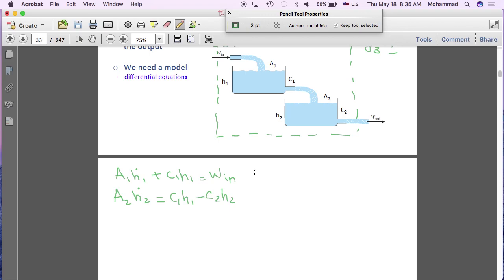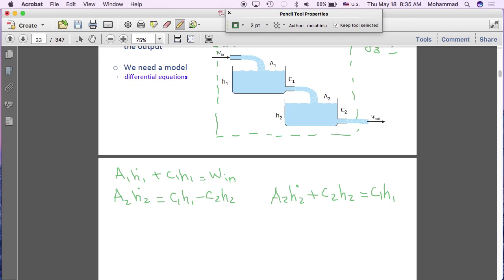So we can do the same thing to the second equation and rewrite it. So this becomes A2 H2 dot plus C2 H2 equal to C1 H1.